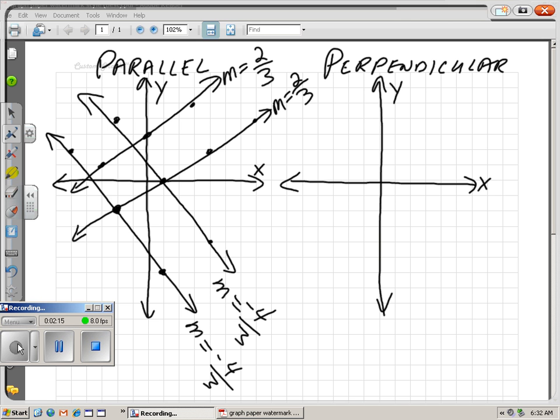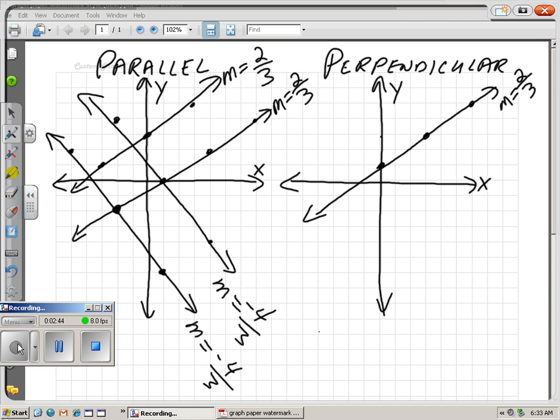All right, perpendicular lines. Let's start right here. And let's say I go up 2 and over 3, and up 2 and over 3. So same line. Our slope, again, is 2/3. Now how do I draw a line perpendicular to it? Well, perpendicular lines have a slope that's called a negative reciprocal. What's a negative reciprocal?